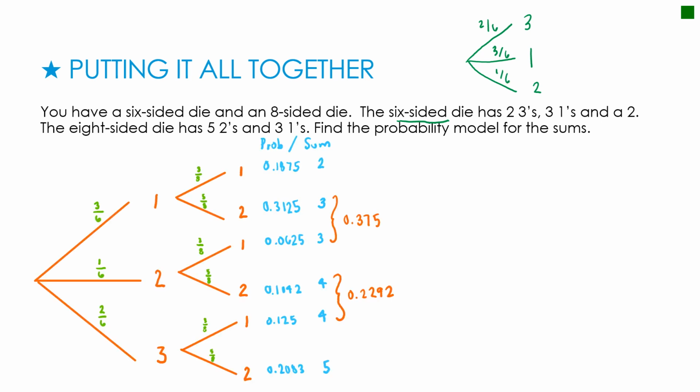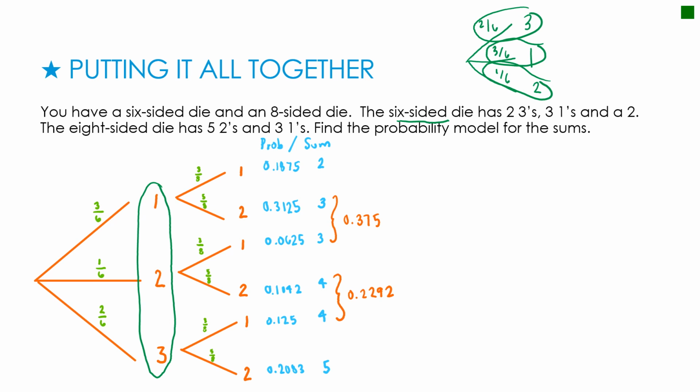And notice what I've done, a little neater than this, is said, okay, I could get a 1 or a 2 or a 3, and so those were my outcomes. The probabilities were 3/6 for 1, which is the same thing I had here, I just put it in different order, 1/6 for 2, and 2/6 for a 3, exactly what I have at the bottom.